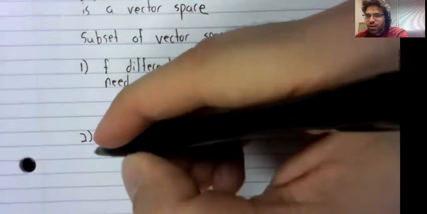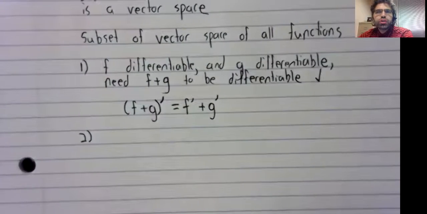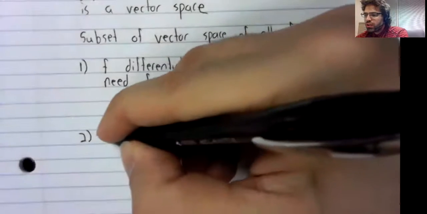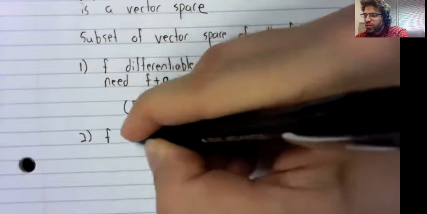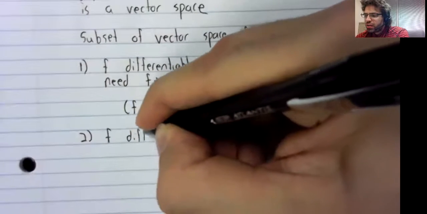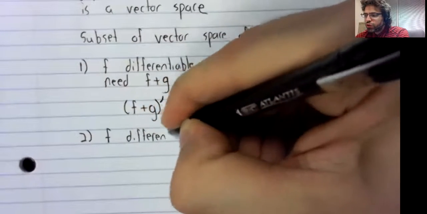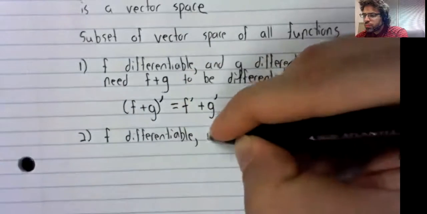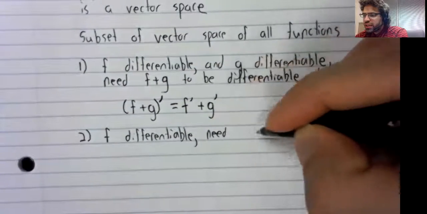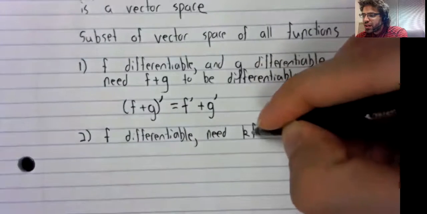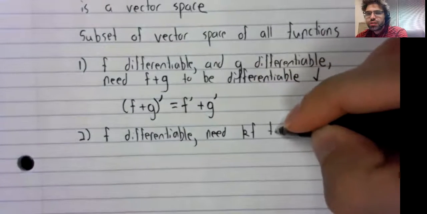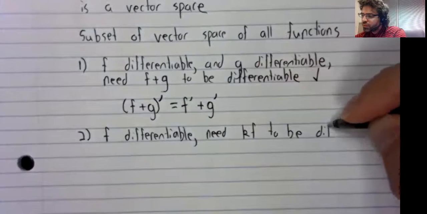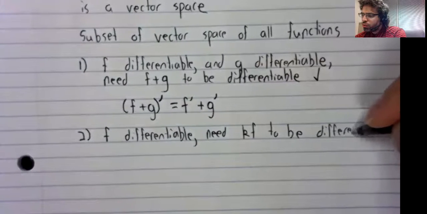2. We need closure under scalar multiplication. So if f is differentiable, we need k times f to be differentiable.